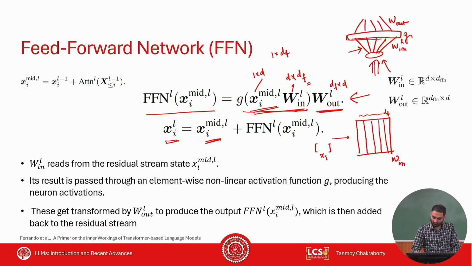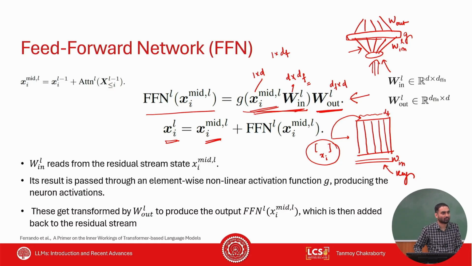Depending on the input, it will retrieve some sort of pattern out of this W_in, and we call this matrix the key matrix. Now this key and the previous keys are different. This is not the query key value. This is the key matrix that we discussed in the Rome paper, key value memory. As if there is a key hidden within this W_in, and you feed the input, and depending on the input, the pattern will be retrieved from the key.